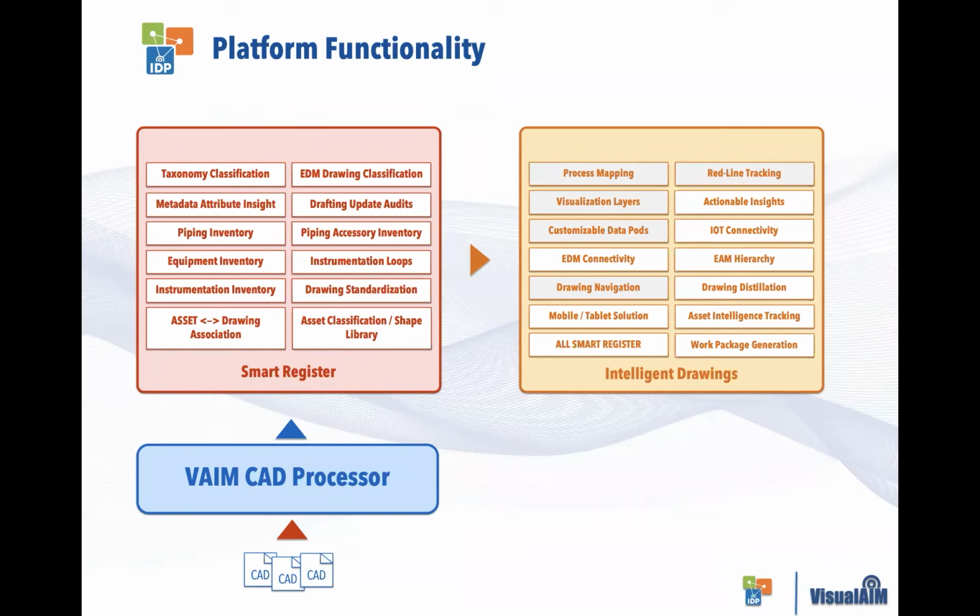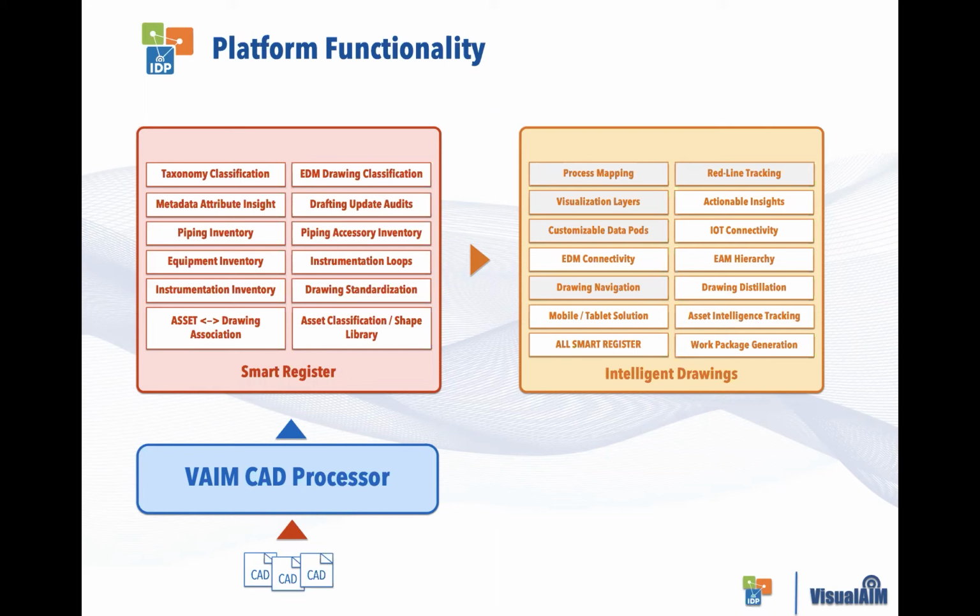We've done examples where we've pulled in risk information, and I'll actually be showing that later in the presentation, where we're actually showing risk information and being able to forecast out, based on shutdown or turnaround intervals, what risk will be by recoloring and visualizing that on the drawings.